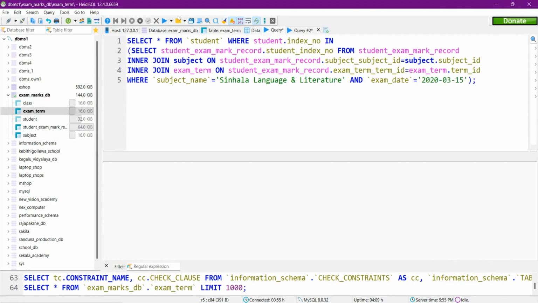So this is the query for the first question. Let's execute this query and see whether we get the results or not.